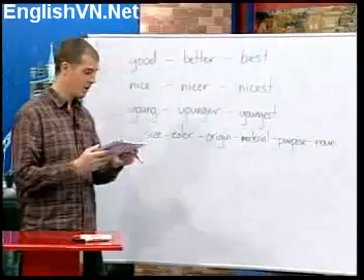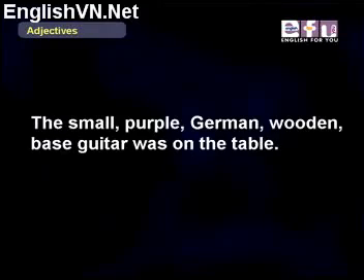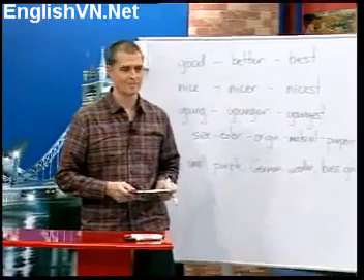So, for example, we could say the small, that's the size, the small, purple, German, wooden, bass guitar was on the table.